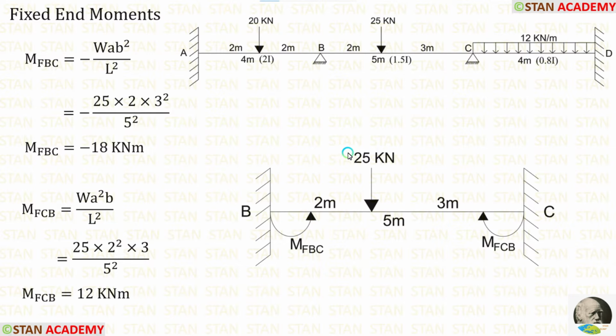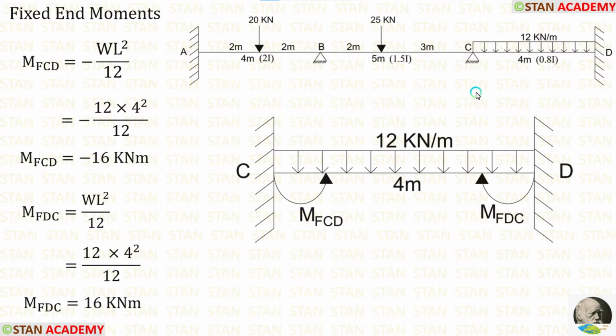Let us apply the values inside the formulas. W is 25, A is 2, B is 3, L is 5. After calculations, we are getting M of BC is equal to minus 18 kilonewton meter and M of CB is equal to 12 kilonewton meter.